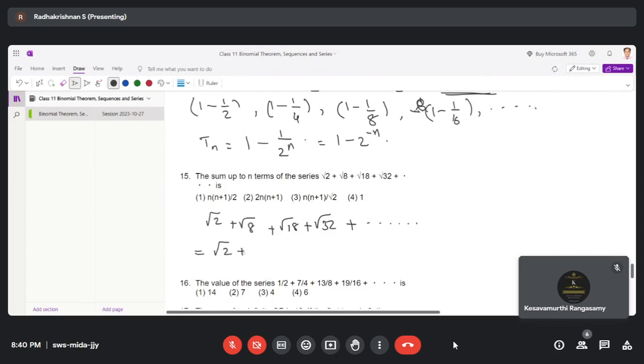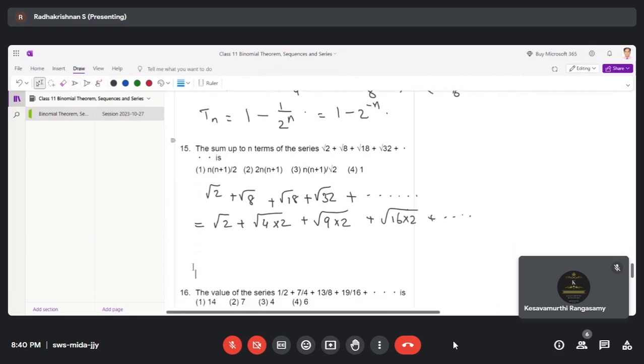Square root of 2 plus, this is square root of 4 into 2. This is square root of 9 into 2. 16 into 2, like that it is given. Square root of 2. What is square root of 4? It is 2. Yeah, 2 times square root of 2.